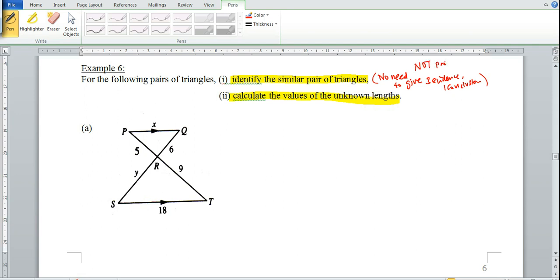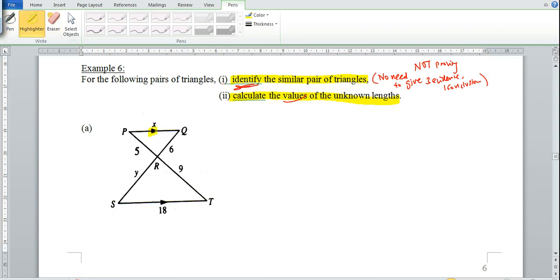We are not proving here. They only want you to identify and then calculate numbers from the context that is given. So in this case, let's see what are the similar triangles first.